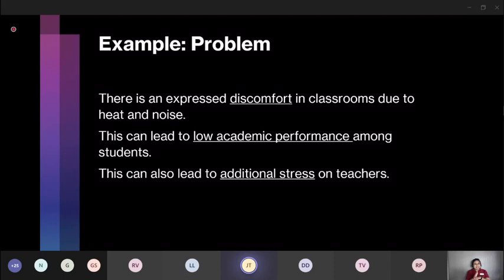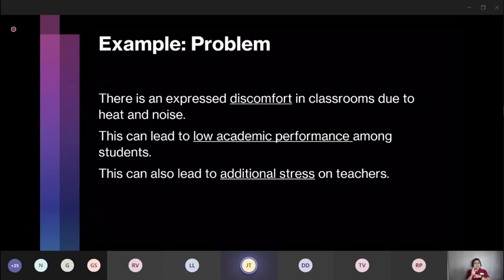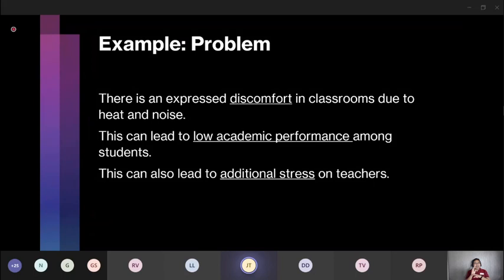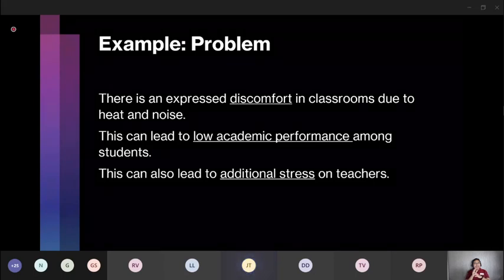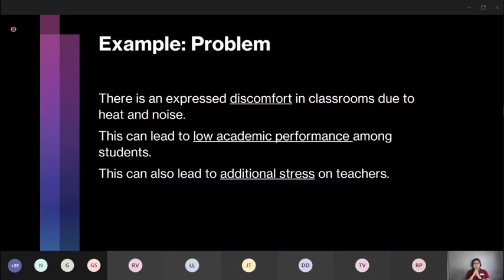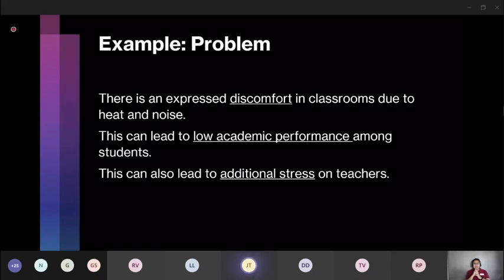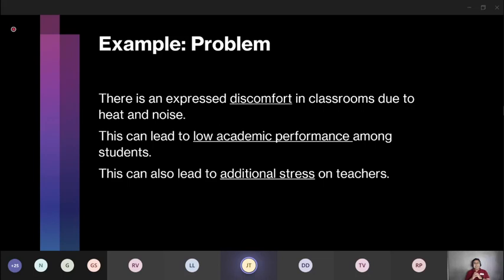Yes po, sir. Ventilation po. Okay. Did we mention anything about discomfort due to ventilation? Due to heat and noise po, sir, nakalagay. Okay. How do you relate heat to ventilation?